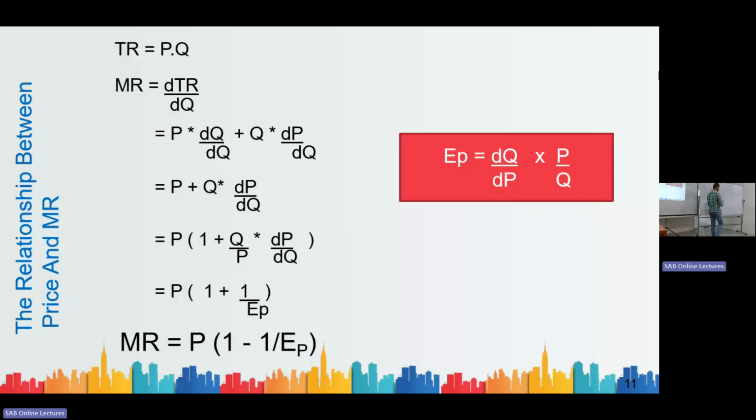So the conclusion is when price elasticity of demand is elastic, that is when price elasticity lies between 1 and infinity, marginal revenue is always positive.